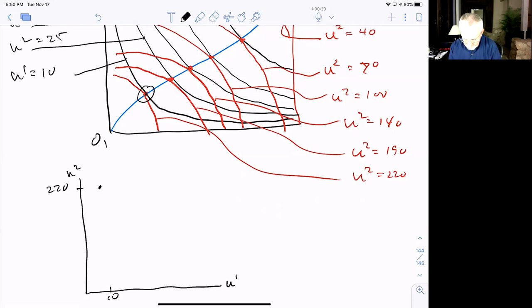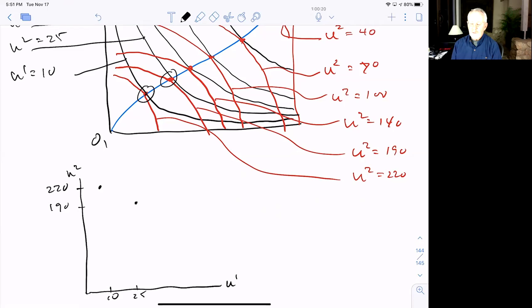If I were to look at this point, this is associated here with a level of U2 of 190. U2 is 190 and U1 is 25. So there's another point on my Pareto frontier.